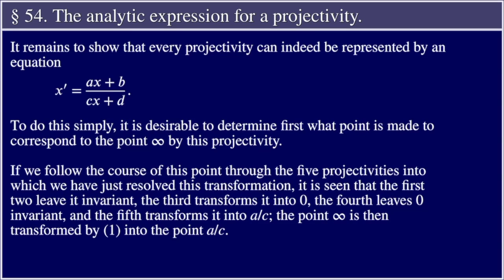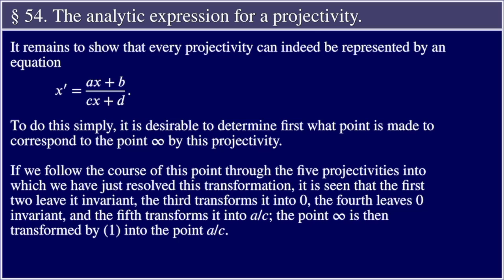It remains to show that every projectivity can indeed be represented by an equation x prime equal to (ax plus b) divided by (cx plus d). To do this simply, it is desirable to determine, first, what point is made to correspond to the point infinity by this projectivity. If we follow the course of this point through the 5 projectivities into which we have just resolved this transformation, it is seen that the first 2 leave it invariant, the third transforms it into 0, the fourth leaves 0 invariant, and the fifth transforms it into a divided by c.